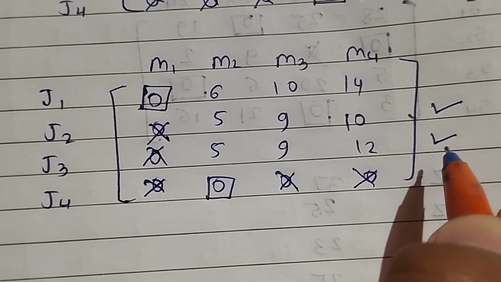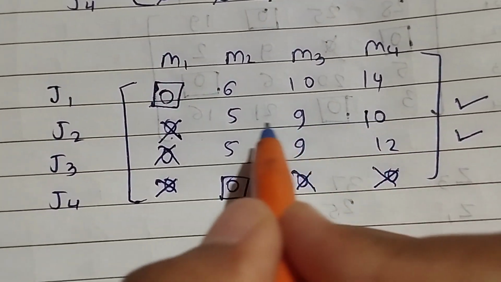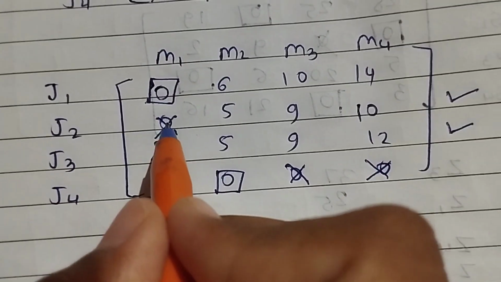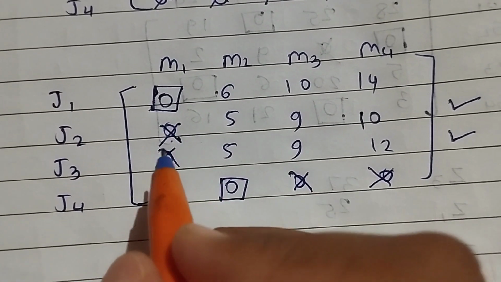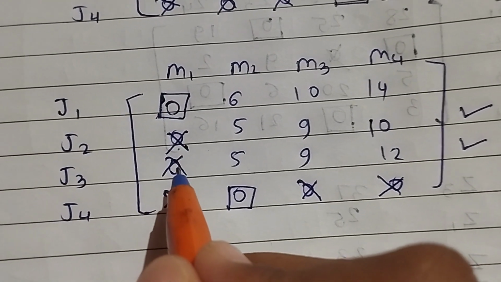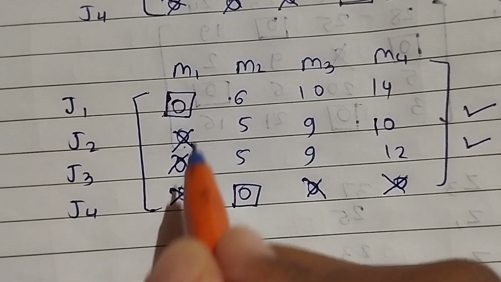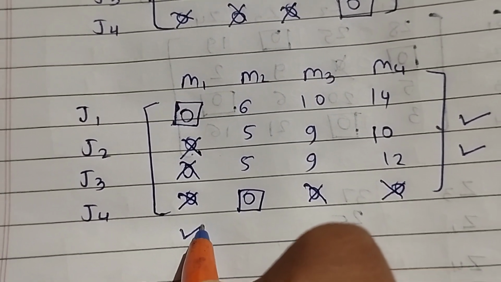Once we tick the rows, then find the crossed zeros. So here in the first column the crossed 0 is present for the second row and for the third row, so tick there where the crossed 0 is present.